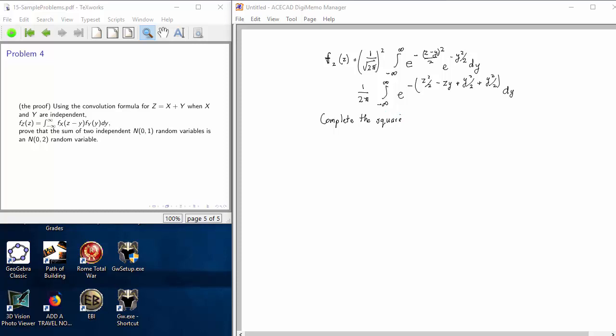So that exponent has y squared minus zy plus y squared plus z squared over 2 in it.